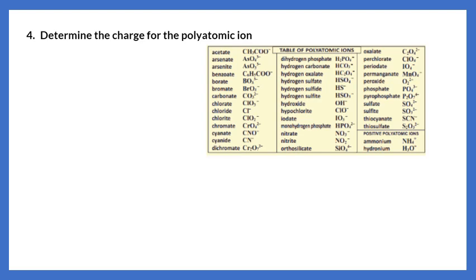All right, so far we have Ca +2 with our PO4 with the -3 charge. And that O we can write bigger because it's phosphorus bonded to 4 oxygens with a -3 charge. Step 4 says to determine the charge of the polyatomic ion. Well, I guess we did that in the last step just because it is in that chart with the symbol. So it takes a -3 charge. Cool. All right, let's move on.